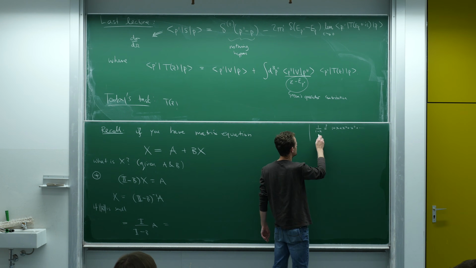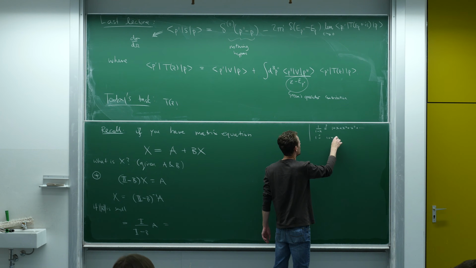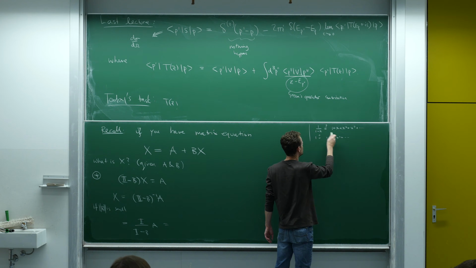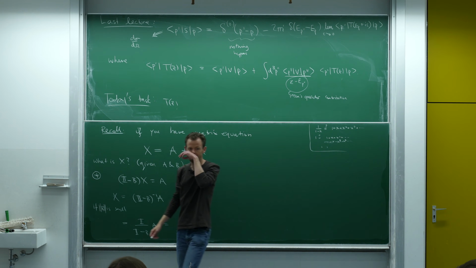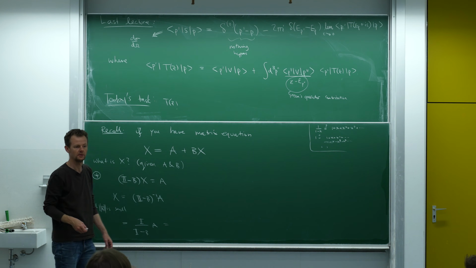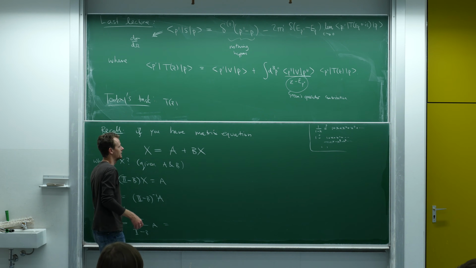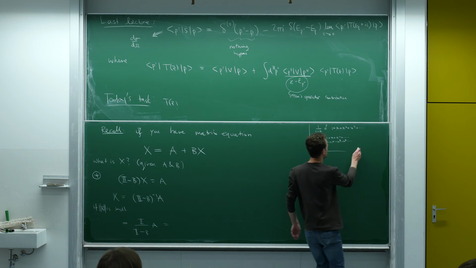Well, you multiply both sides by 1 minus x, and then you subtract off x. Yeah. So 1 on 1 minus x indeed has this expansion here.